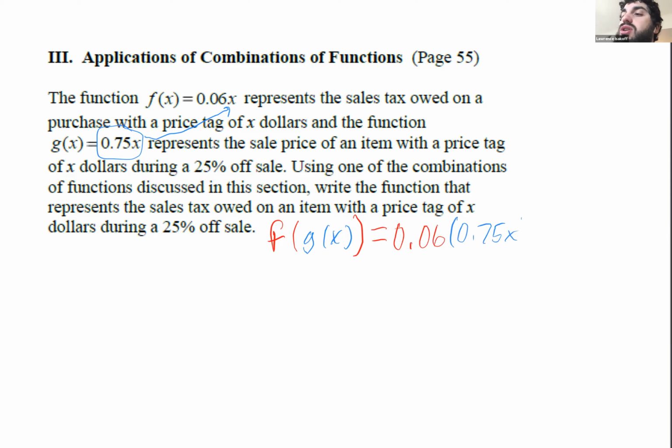Close this function. Okay, now all I had to do is 0.06 times 0.75, and that will give me what this is. So it gives me a final answer of 0.045x.